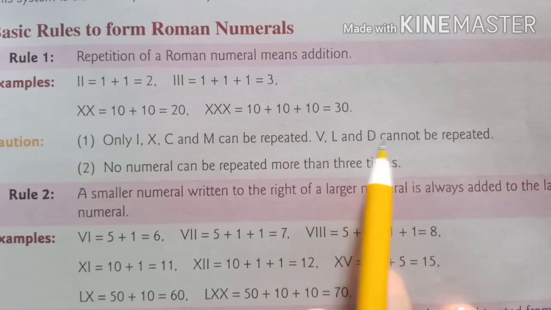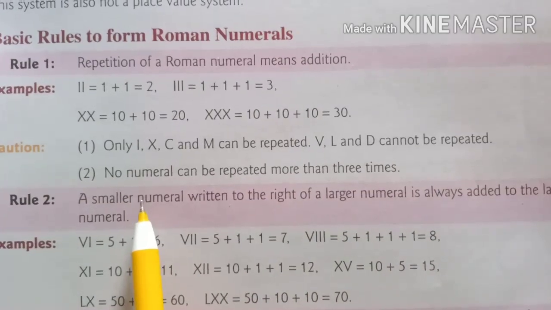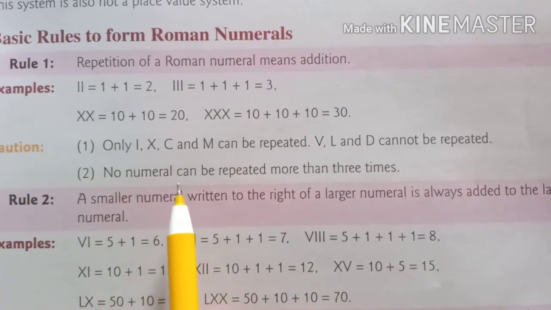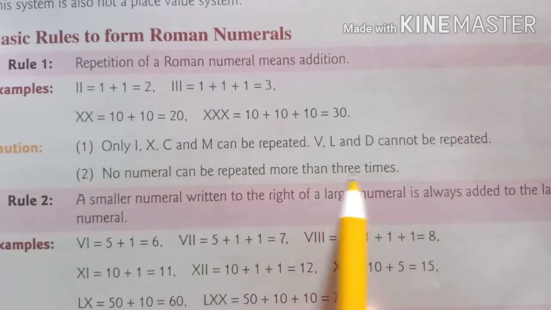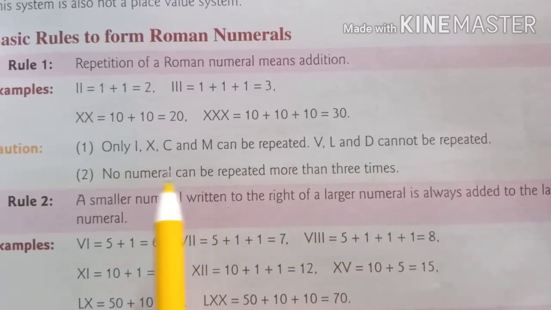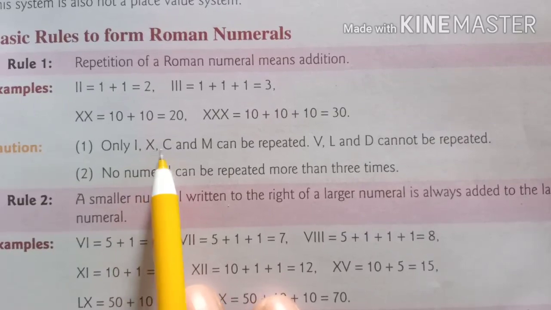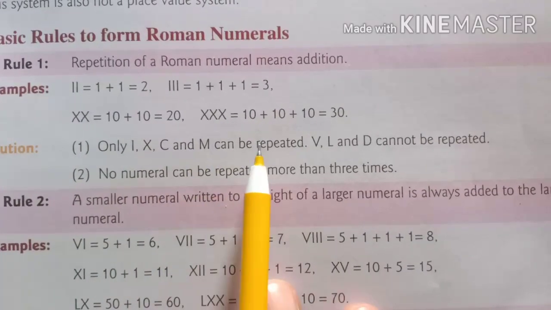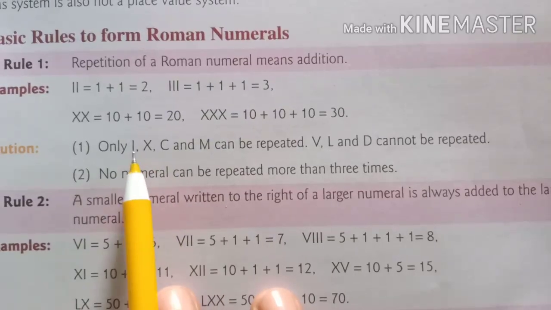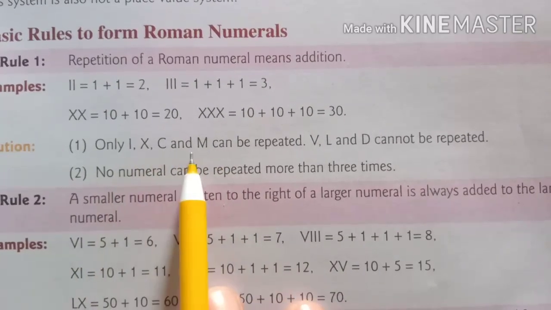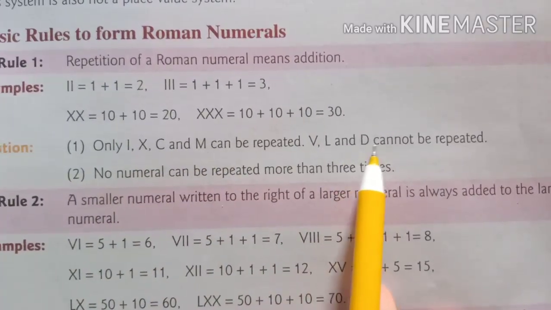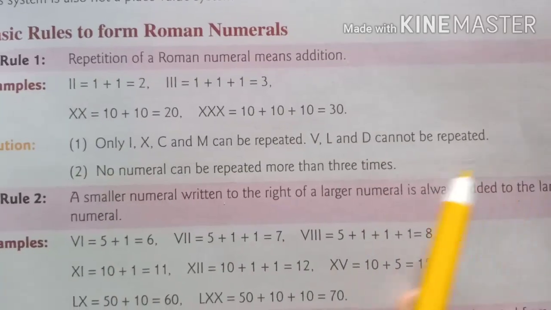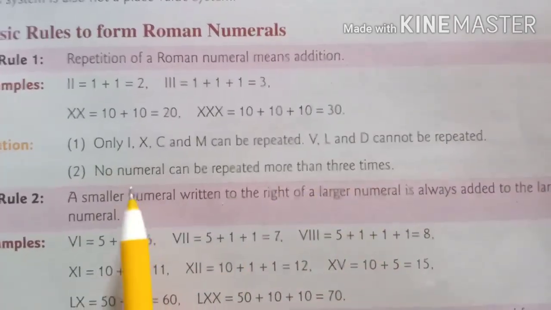Second, no numeral can be repeated more than 3 times. I, X, C, M can be repeated but not more than 3 times. Maximum 3 times these symbols can be repeated. V, L, D cannot be repeated. Okay.